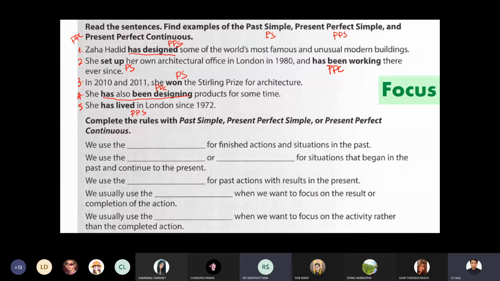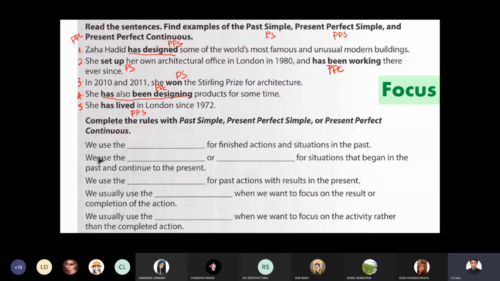Two, she set up her own architectural office in London in 1990 and has been working there ever since. Three, in 2011, she won the Stirling Prize for Architecture. Four, she has also been designing products for some time. Five, she has lived in London since 1972. Okay, thank you very much.